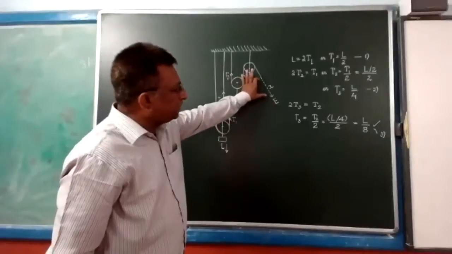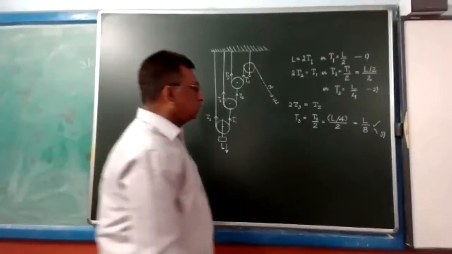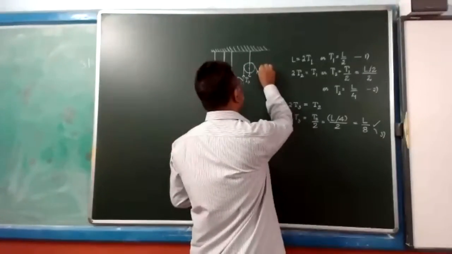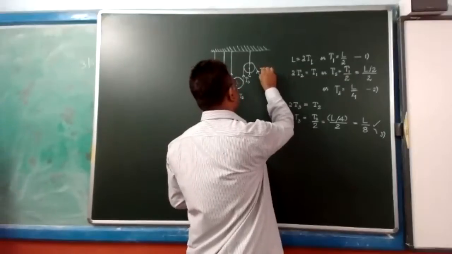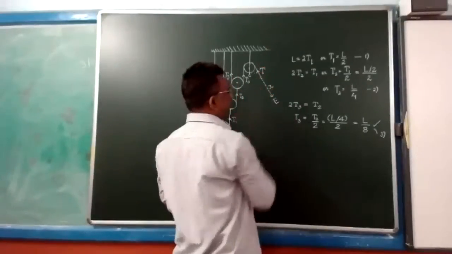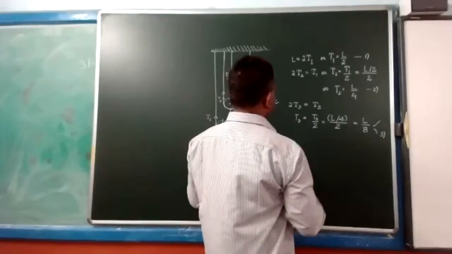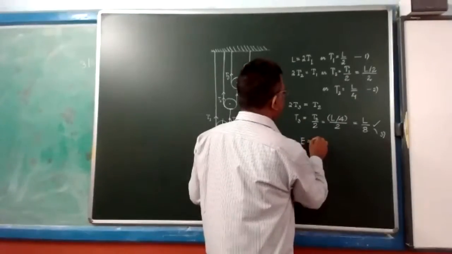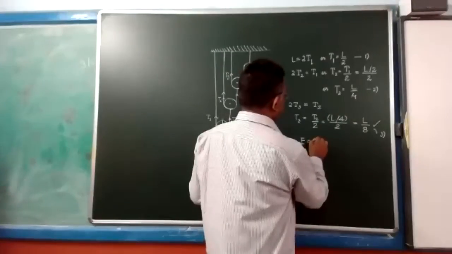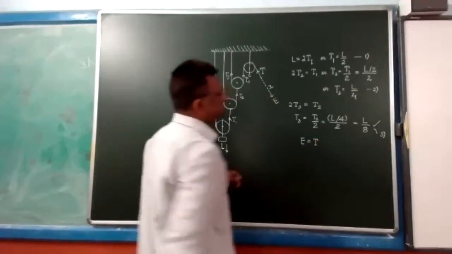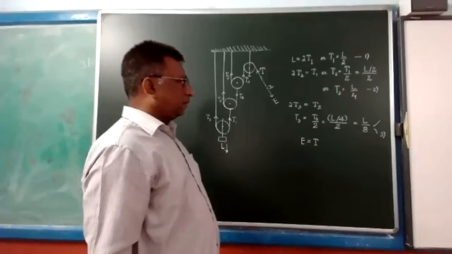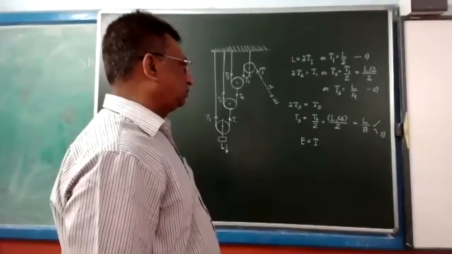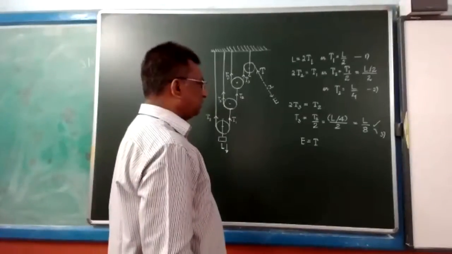capital E is applied through distance small x. Here, again we can write the equation of motion. Say E equal to T. So what is the mechanical advantage?